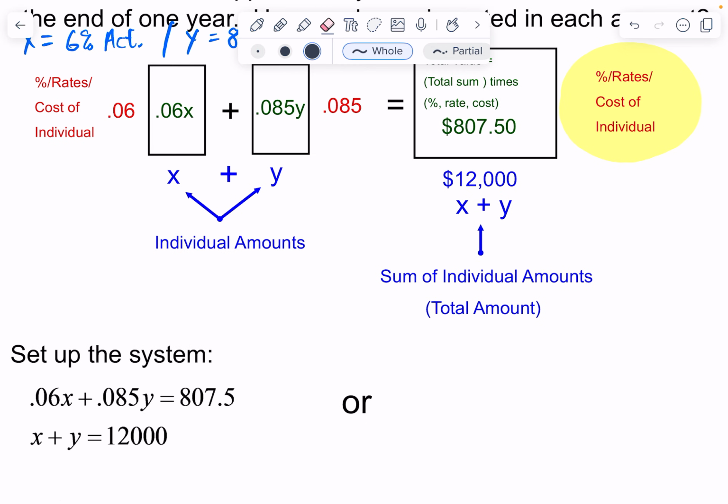So my green, 0.06x plus 0.085y gives me a total value of $807.50 earned in interest. And then my blue amounts of x plus y equals a total of 12,000 invested. I'm going to go ahead and get rid of my decimals here as well.